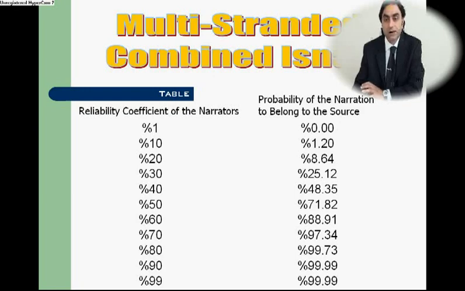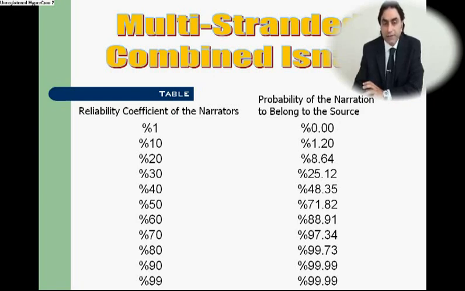If this high level of reliability is ensured, then the result will depend solely on the structure of the relevant isnad. As a matter of fact, the isnad above shows quite positive results for reliability coefficients over 40%, thanks to its multi-stranded structure. However, the system immediately reverses and turns down for lower reliability coefficients.